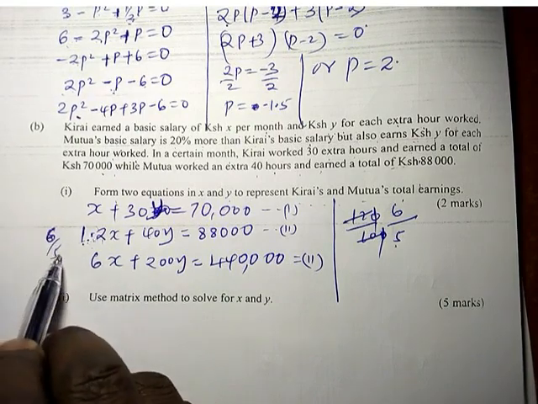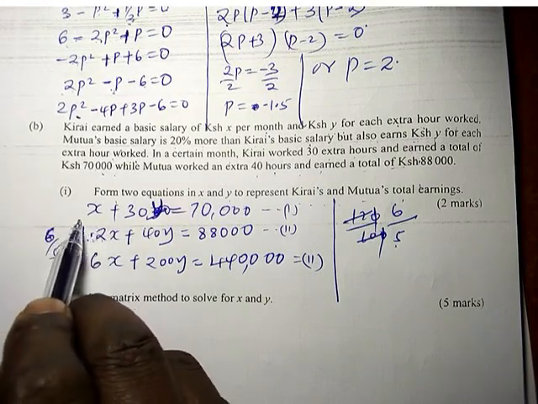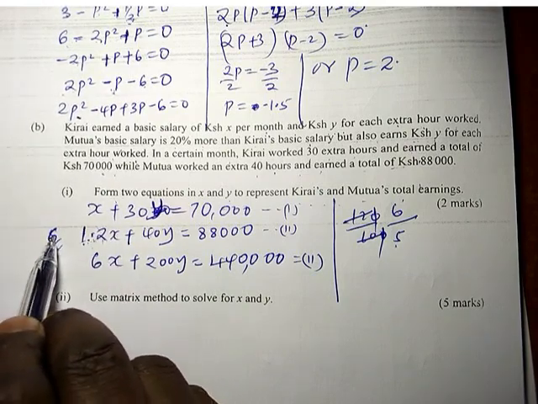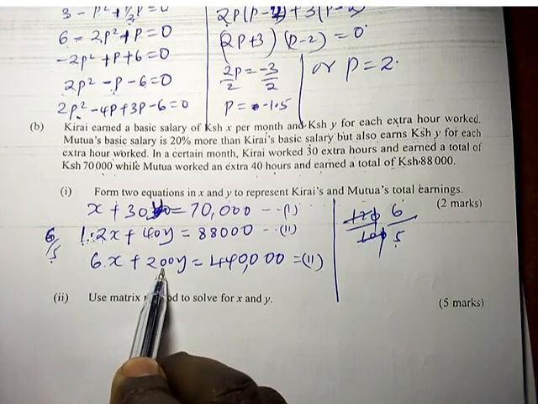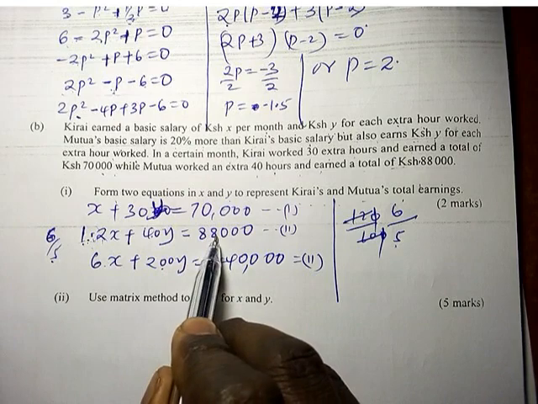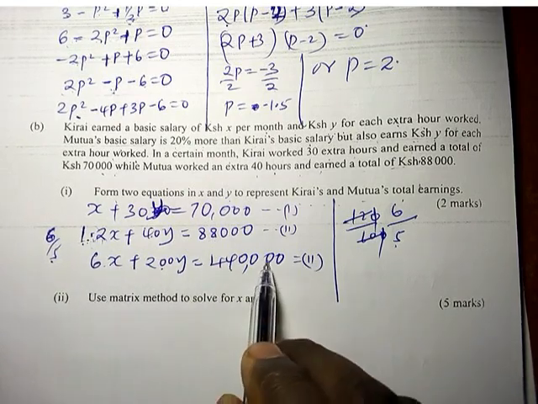So you multiply by 5 every term. If you multiply 5 by this term here, it remains 6x. If you multiply 5 here, it becomes 200. If you multiply 5 here, you get this one. So that's how I have obtained this.